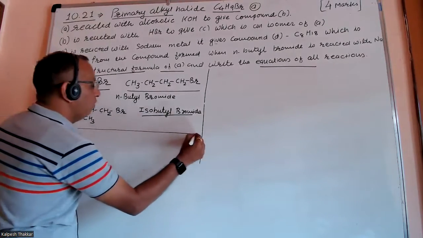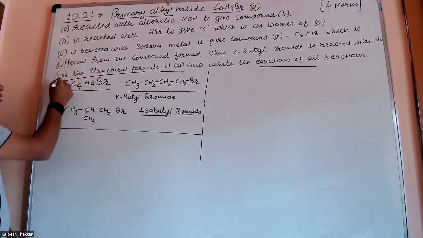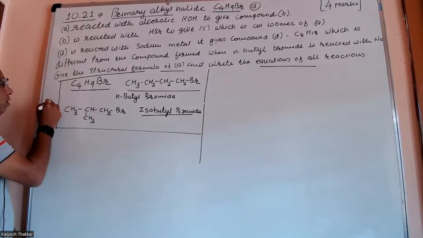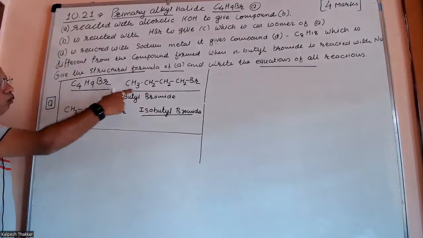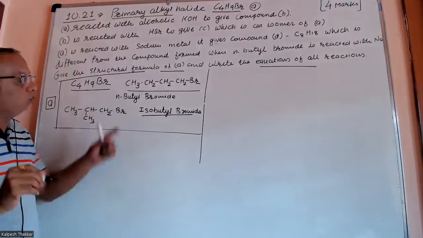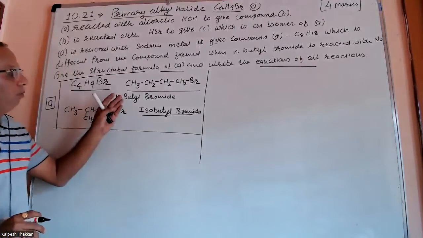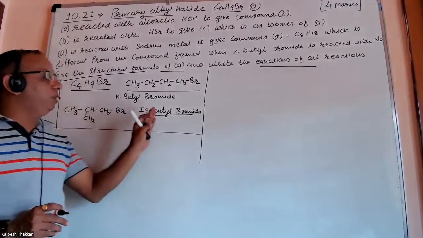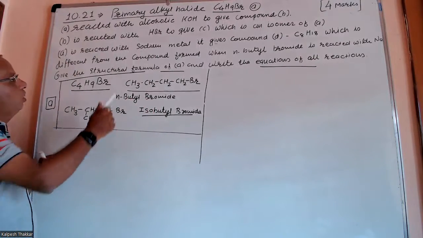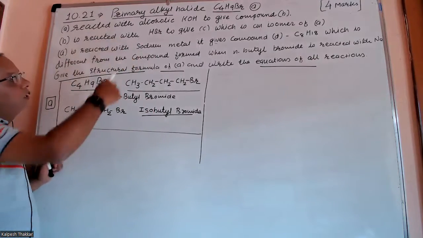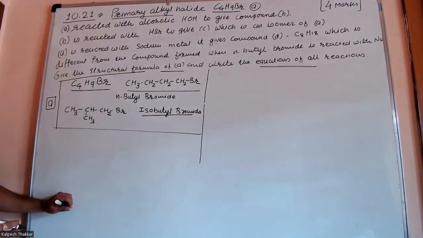So friends, this is the first task, to find out A. Our A is any one out of these two. Either it may be n-butyl bromide or it may be isobutyl bromide. Now to solve this, friends, we have to use the other data given in the question.